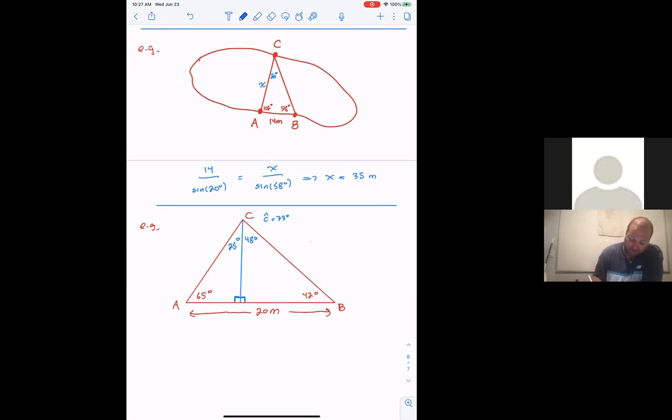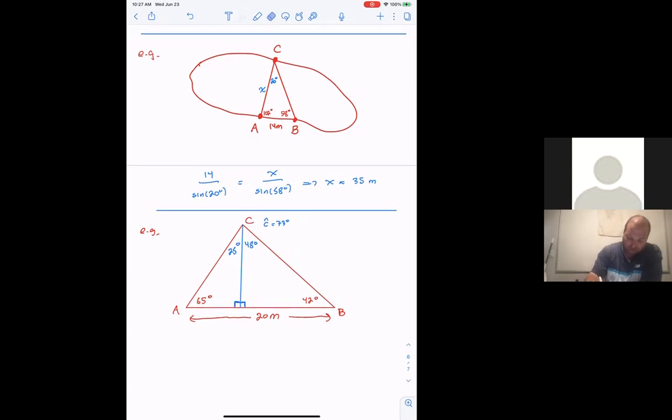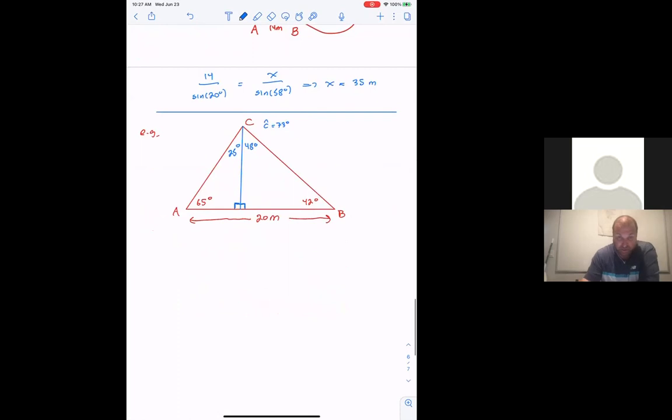For example, if I can figure out this length right here, then because the right side is a right triangle, I can use SOHCAHTOA to find this vertical. So is there a way for me to find that side? Well, let's go back to the outer triangle. Do we have a law of sines situation? And the answer is yes. First, I'm going to call this X just to give it a name. And it's a length that I'm looking for.